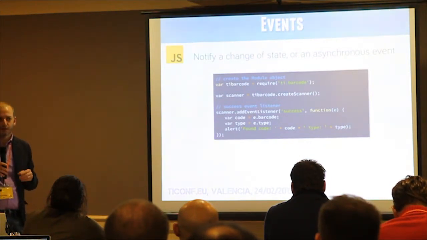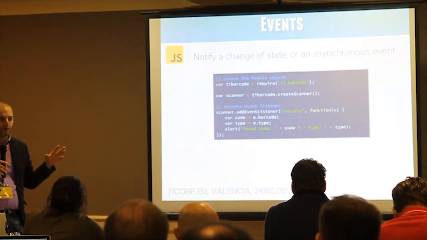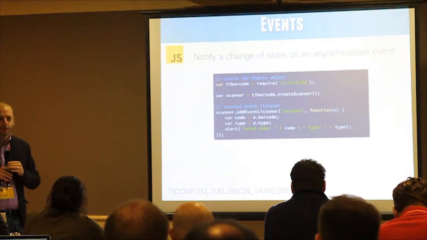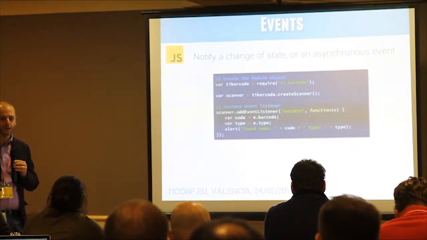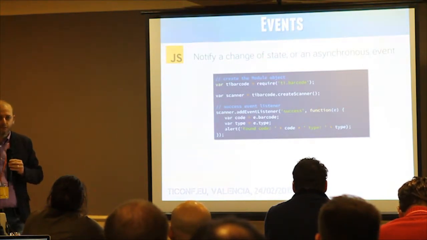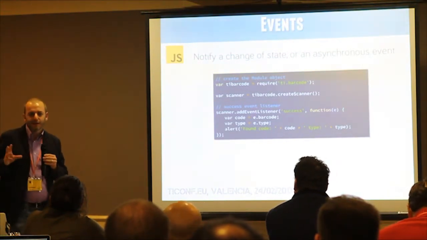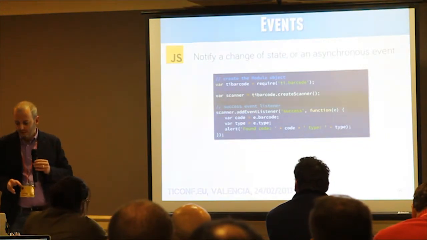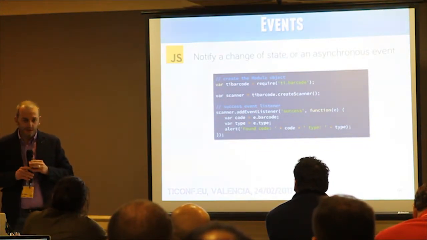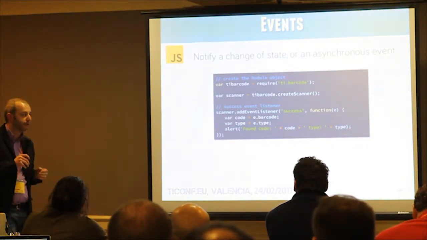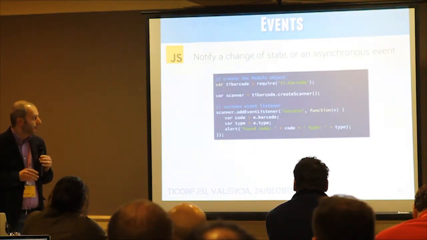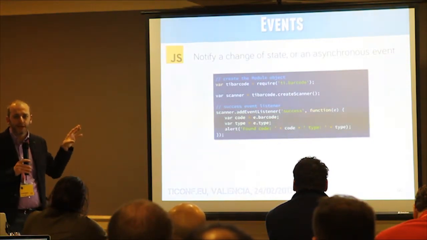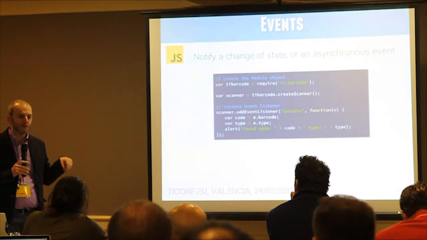How do we inform our client code that something has changed in the state of our proxy or our module, or that something happened? Basically, we use events, as you already know, and the client application can add a listener on our module or our proxy.